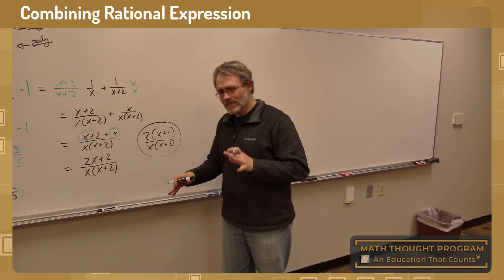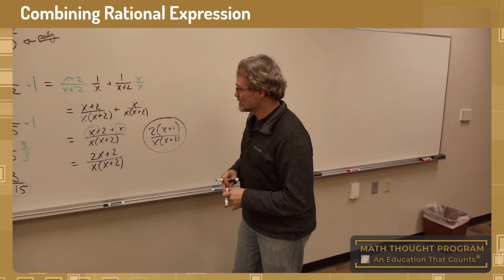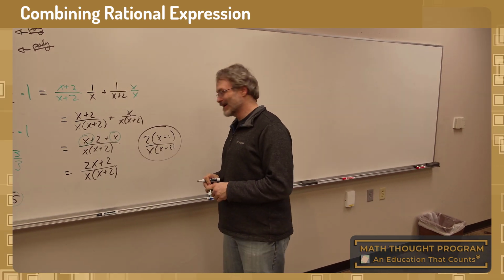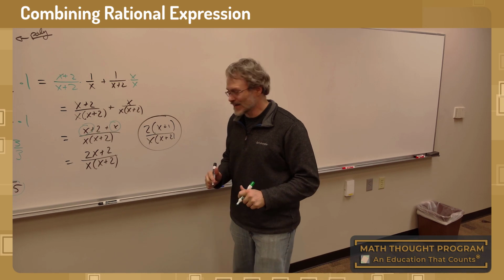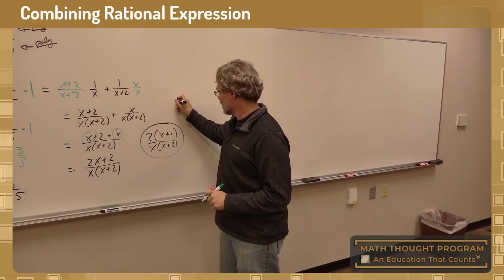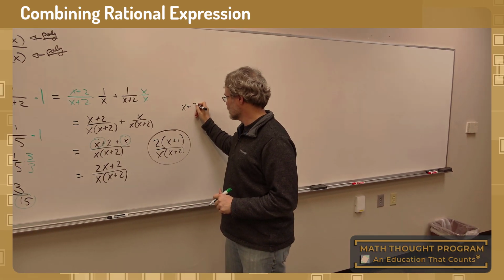Now, I'm just a little bit curious, because I'm just kind of a curious kind of guy. What if for a second, I take x and set it equal to 3?